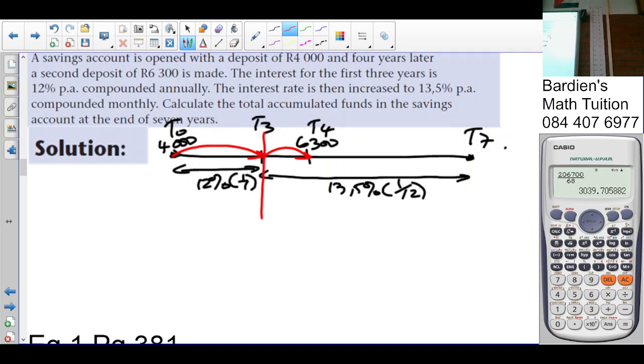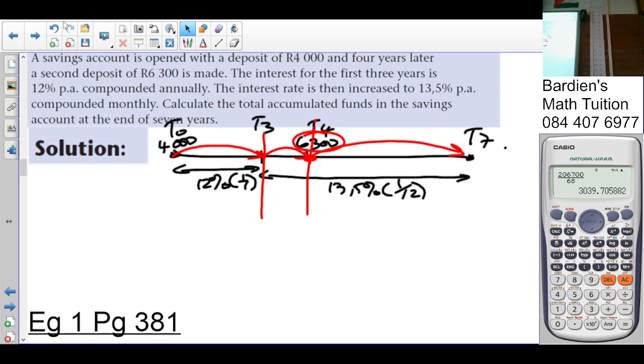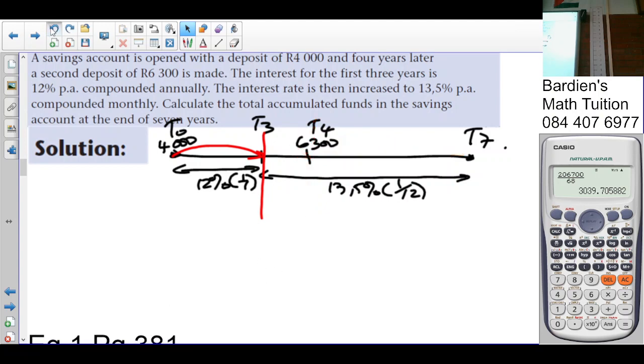Then we add the 6,300 Rand, which becomes the principal at this point till the end. So quite a bit of calculations. Otherwise we can build the sum from start to end.